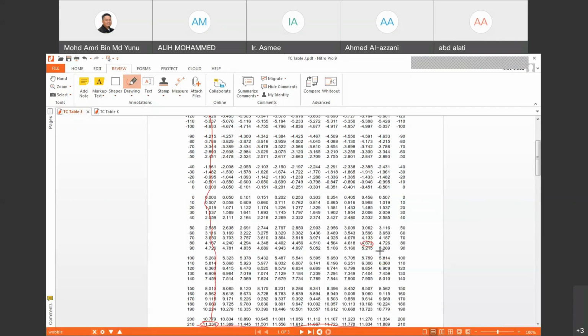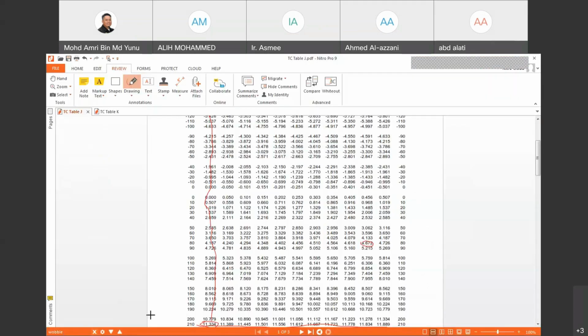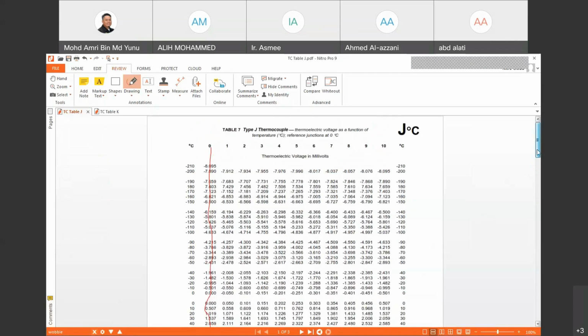The output for type J is 4.672. Type J, 4.672. So 80 plus 9, 89.